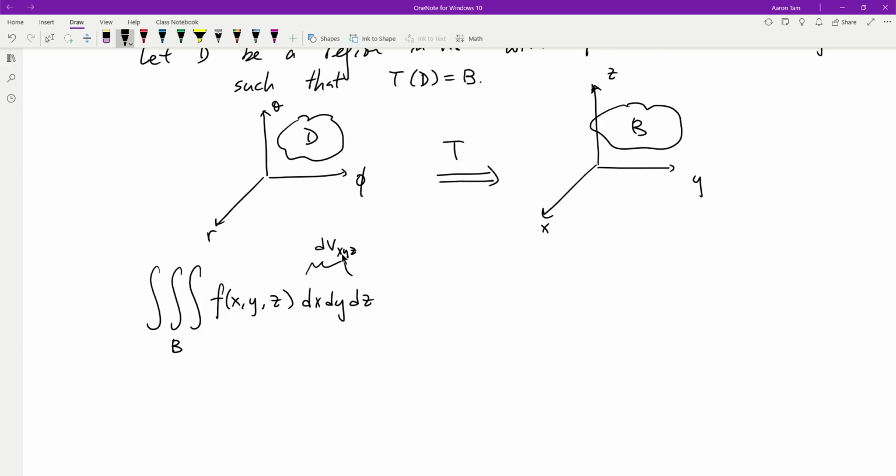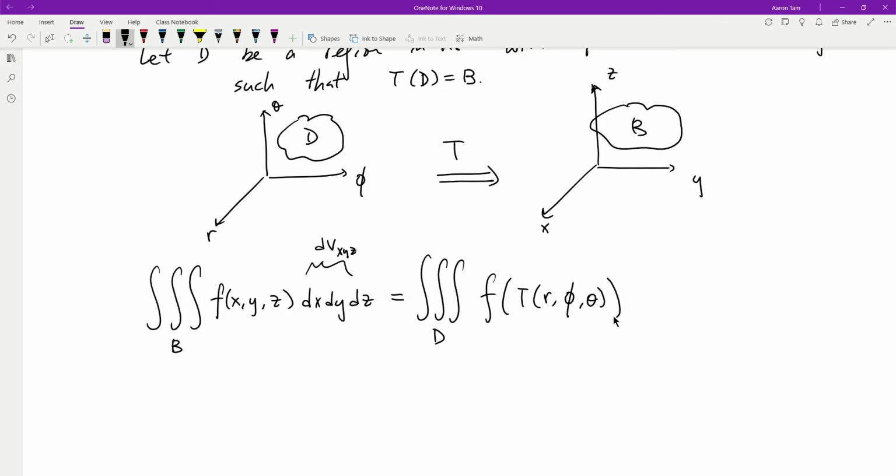That can be transformed into a similar integral in the spherical coordinate system by integrating over D instead of B, because B is in x, y, z but D is in R, phi, theta. And we're going to perform a composition just like in the polar case.